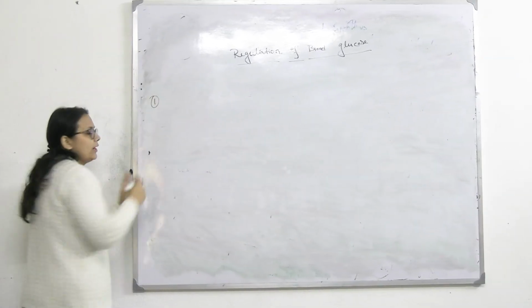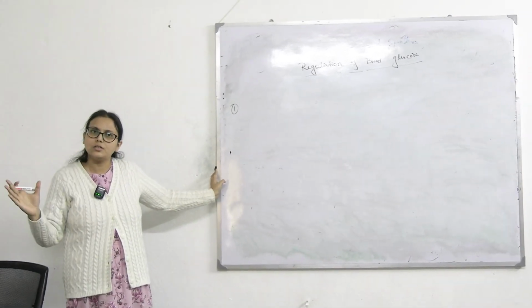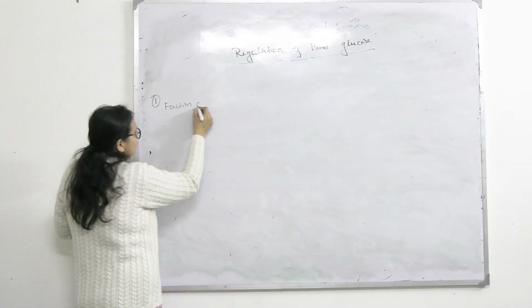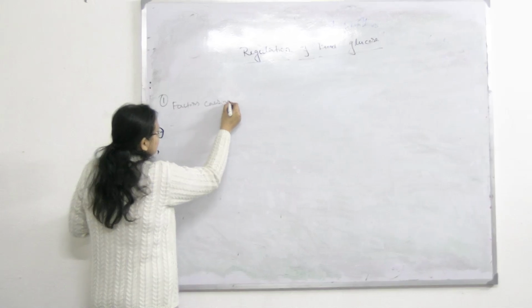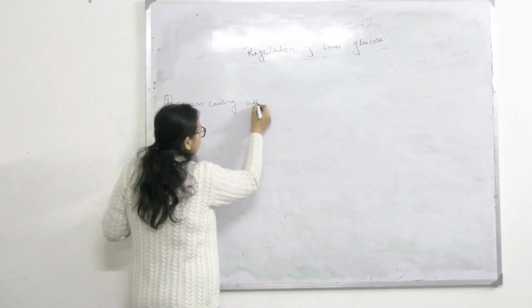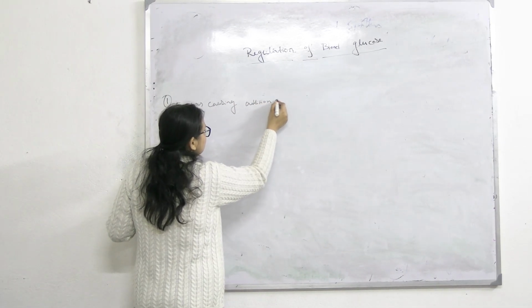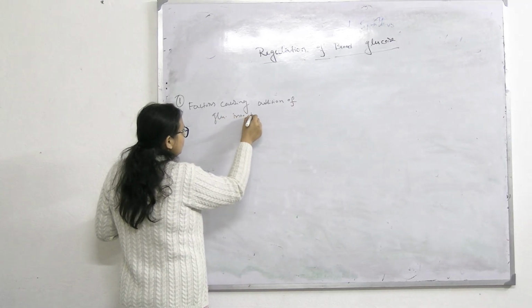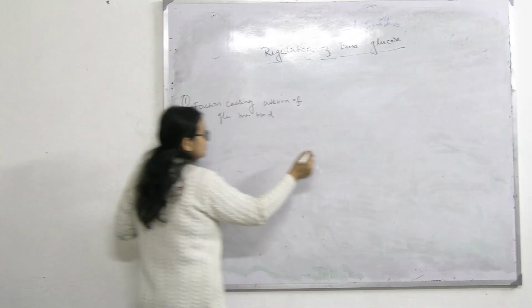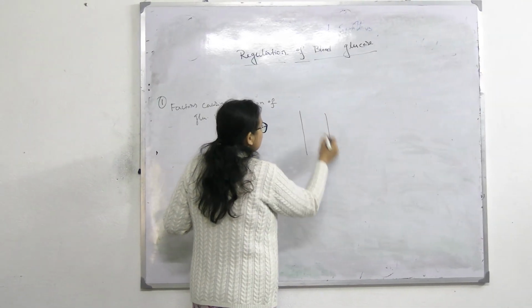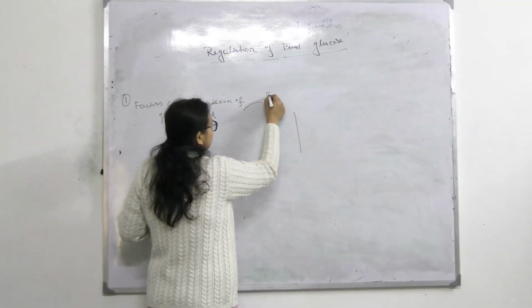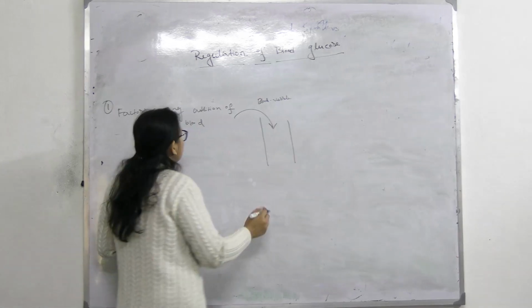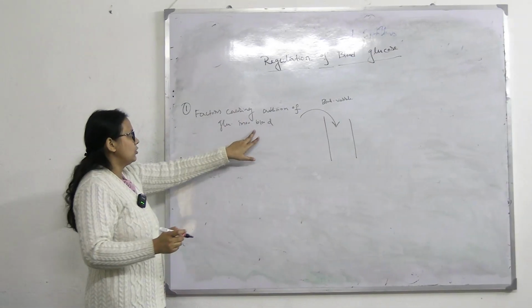Number one, factors causing addition of glucose into the blood.